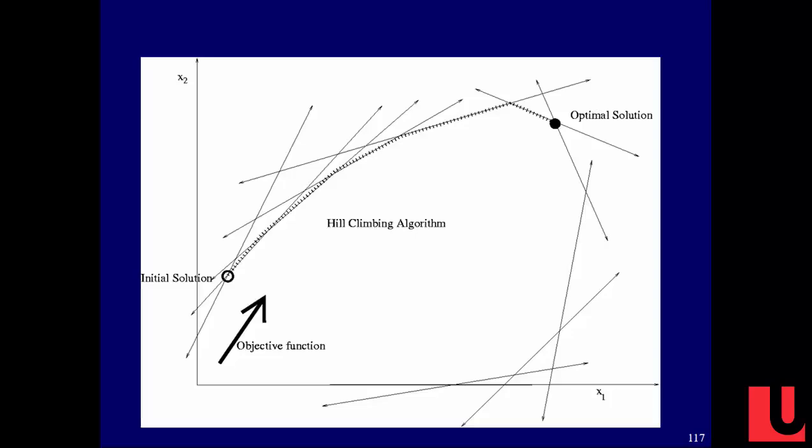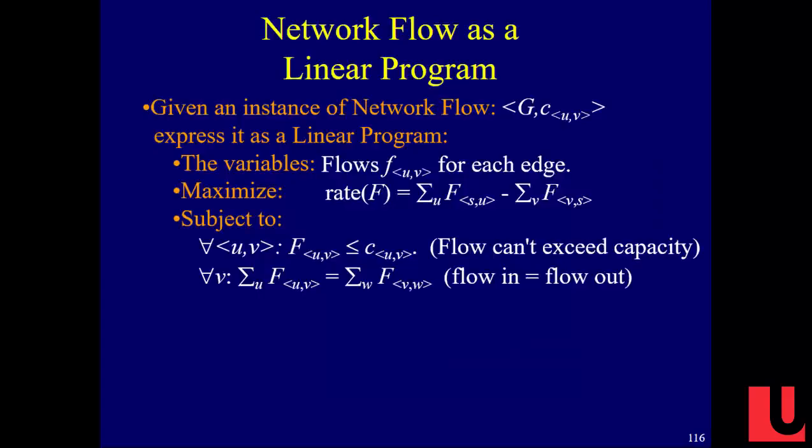Just a quick question. You said we may have to express network flows as a linear program. Are you allowed the min function to express that? Well, here I have max. Yeah, the goal is to maximize this.